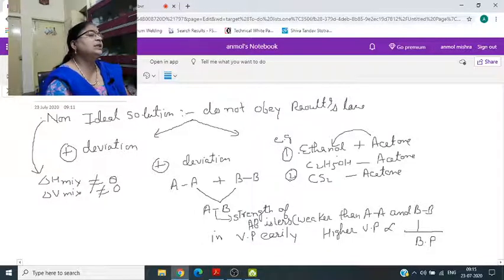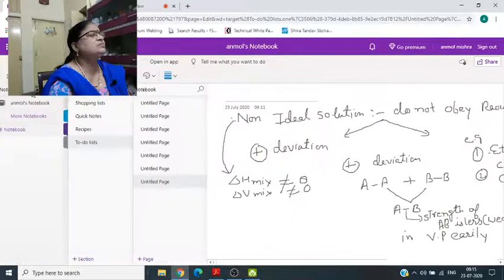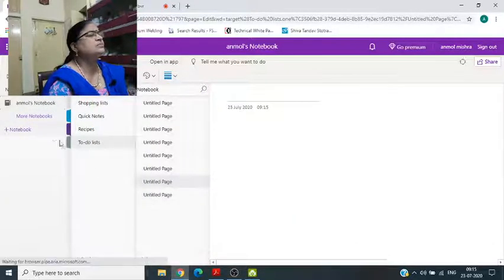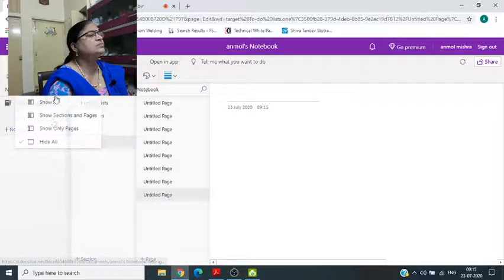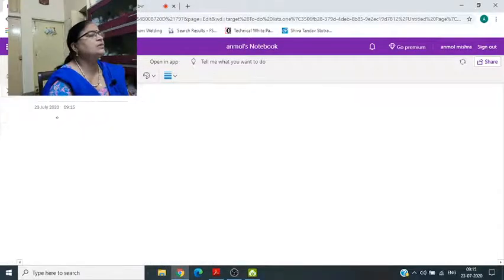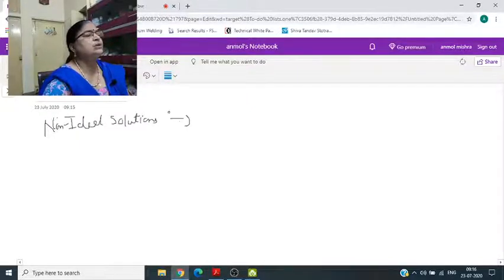Now second, we will study negative deviation. Non-ideal solutions showing negative deviation.